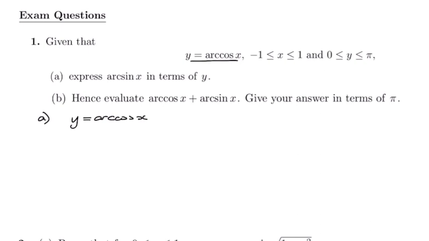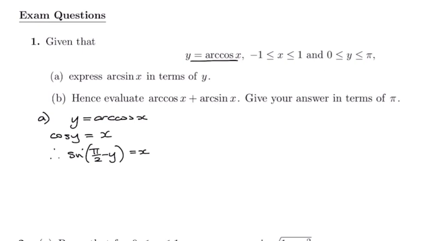Now, the first thing I'm going to do is cos both sides. If I cos and arc cos, I'm just left with x. Now, what I need to remember is the link between cos and sine, because I want arc sine. Now remember, cos is complementary sine. Therefore, sine of pi over 2 minus y is the same as cos of y.